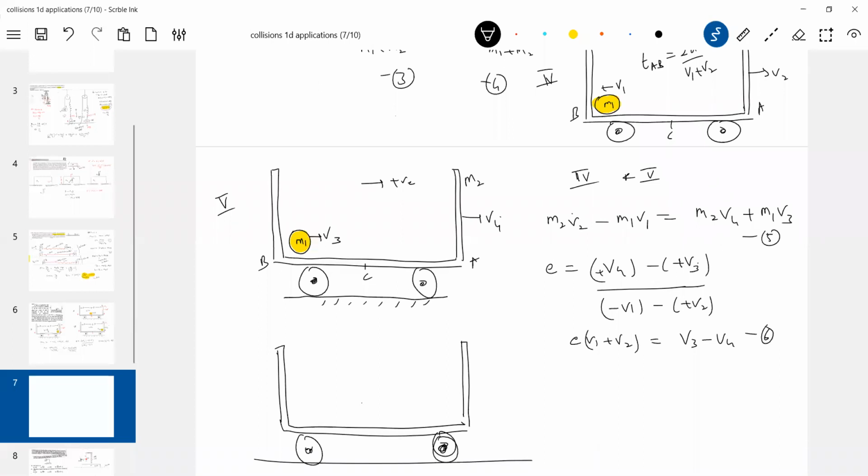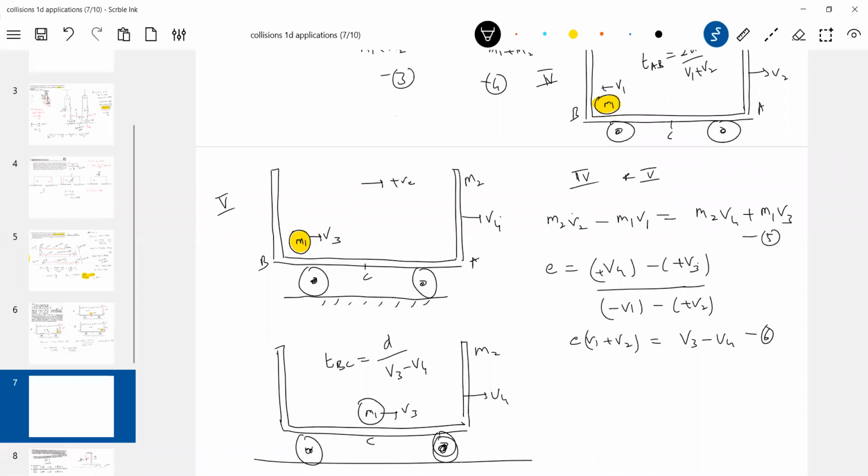When the ball comes to this position, M1, this is C. So what we should write? Time taken to move from B to C should be equal to D by V3 minus V4.